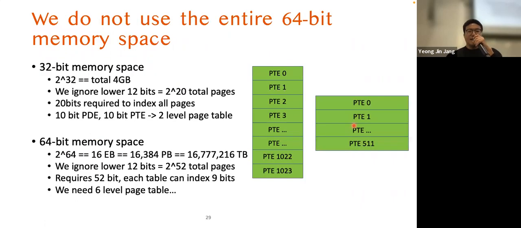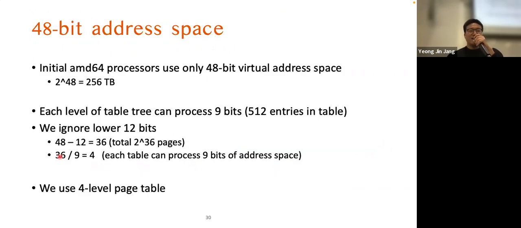And then in 64-bit, we can only use 9 bits to index each of the entries, tables, that kind of structure. So if we divide 36 by 9, then that's 4. And that means we could have a 4-level page table to translate a 48-bit virtual address to the physical one.